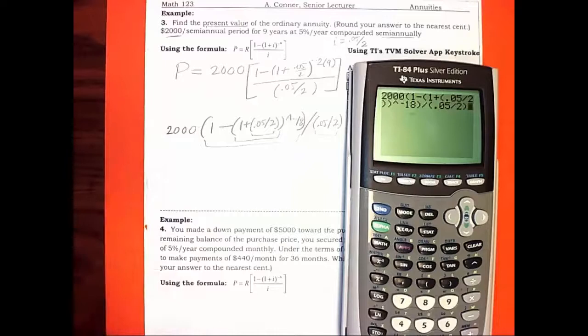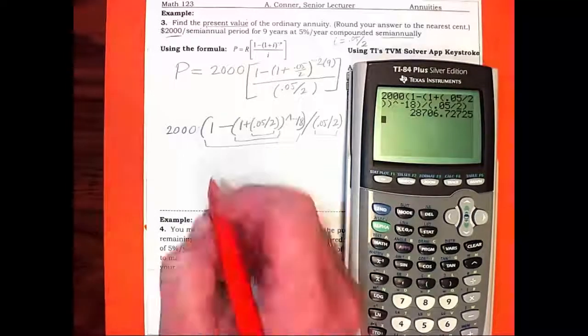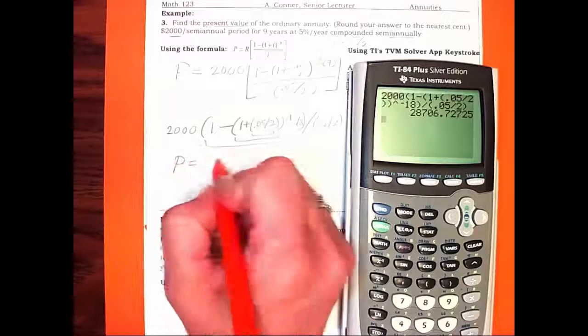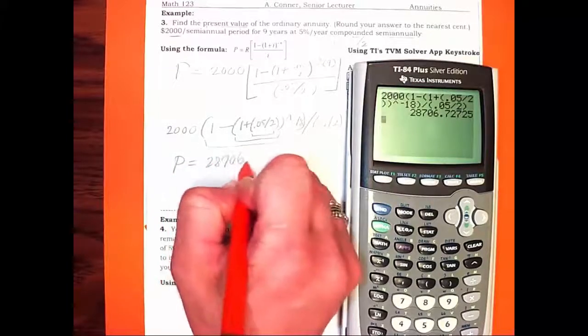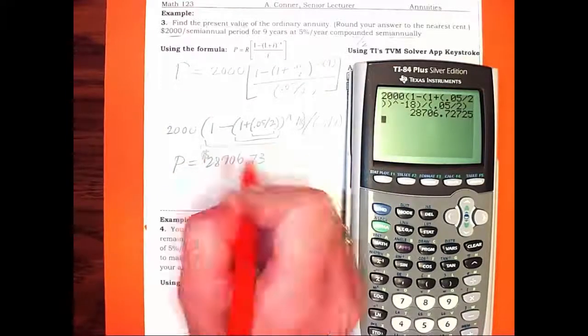All right, double check your calculator entry. We should be getting 28,706.73. So P is equal to 28,706.73.